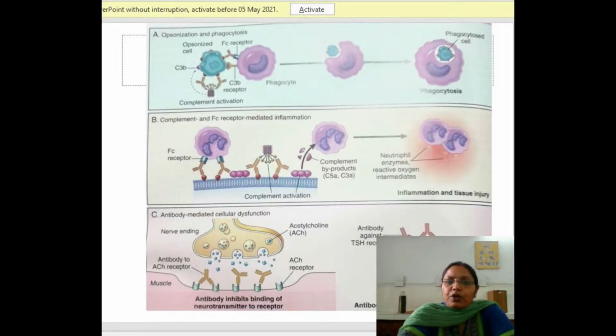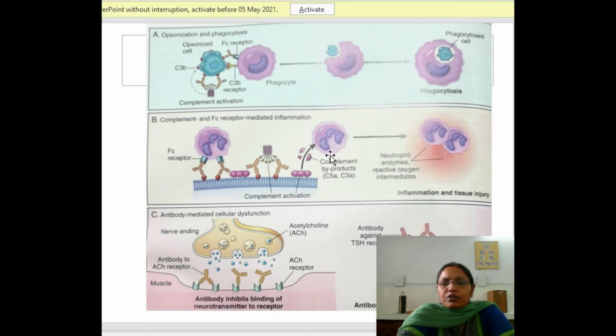Now this diagram is showing opsonization of the cell with the antibodies. There is activation of the phagocytes, and that will cause engulfment of this infected cell, and there is phagocytosis. Then there is complement and Fc receptor mediated inflammation, in which inflammatory cells like neutrophils have a major role.